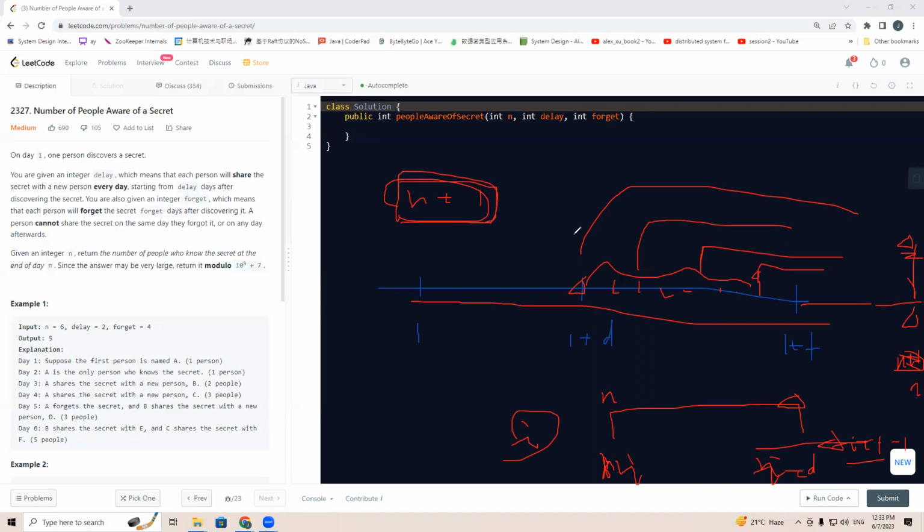What we store in this array is the new generated people who can pass secrets. And also what we need to return is the people who are still alive.